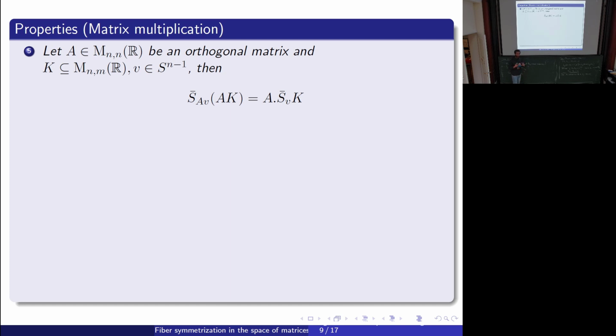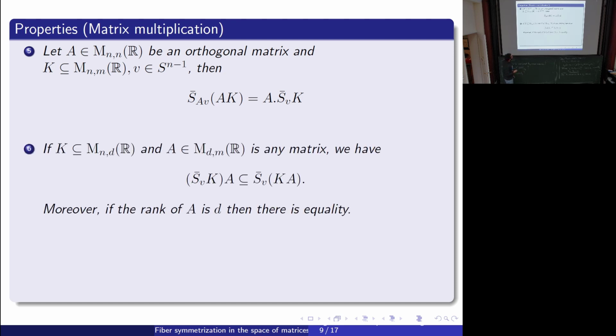So you take one rotation of R^n, and this product AK is just the action of the n times n matrix on the convex body, the diagonal action. So if you rotate all the coordinates diagonally and you rotate the vector, then the fiber symmetrization is just the fiber symmetrization of the original body and then rotate. Okay, this is what you expect with orthogonal transformations.